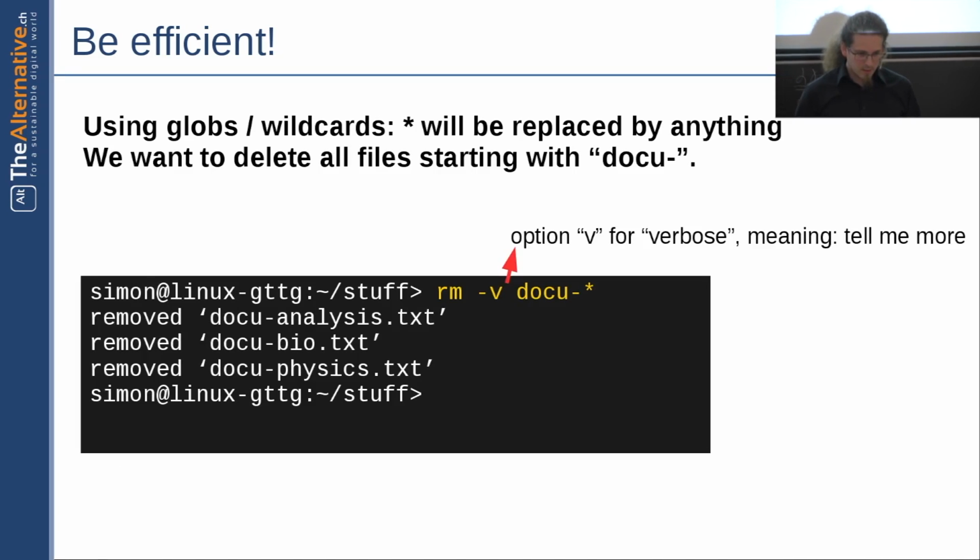You can use this globbing character, the wildcard, to remove, as I told you before, all things that start with doku and then whatever is after it. You can also use multiple stars to match different patterns. You can get quite creative with this. There are also other globbing characters, but that would be a little bit too much for this overview.